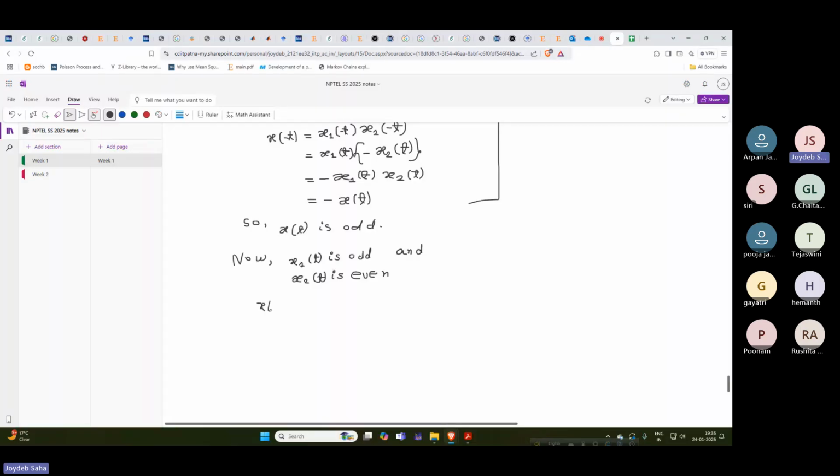x(t) will be x1(t) multiplied with x2(t).